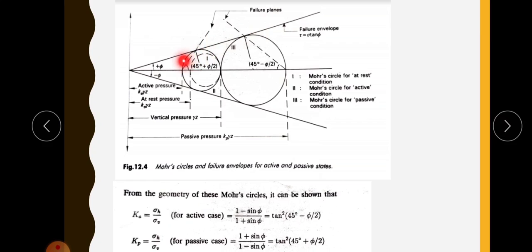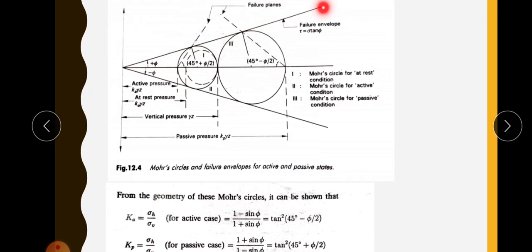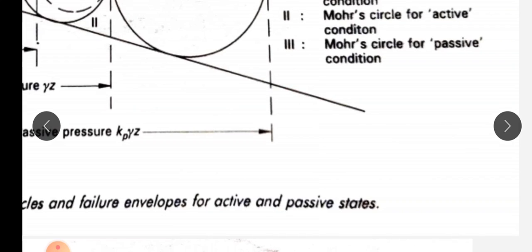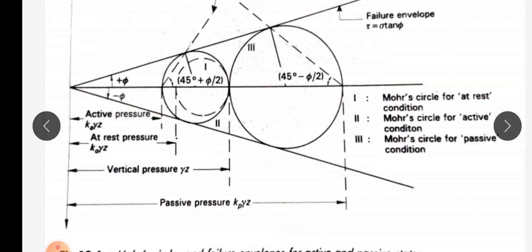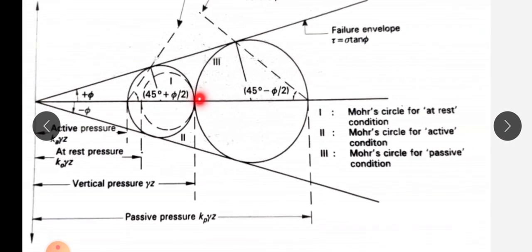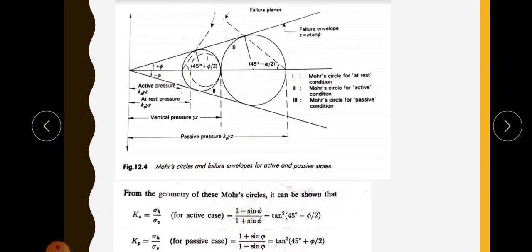At that point failure will occur. You studied this failure envelope in your shear strength chapter. When the Mohr circle touches the failure envelope, the soil will fail. This is the condition of active earth pressure. Since in active earth pressure the lateral earth pressure is decreasing, we draw the Mohr circle moving in this direction, and it touches the failure envelope.